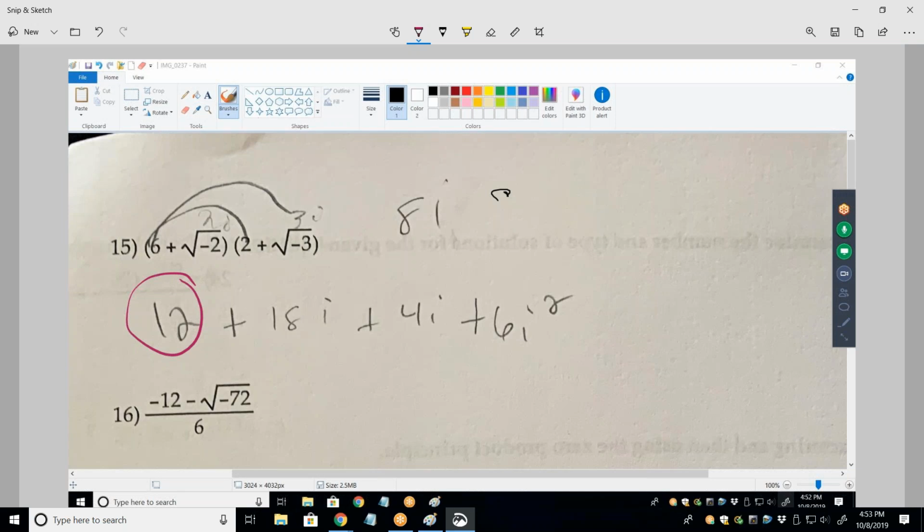I don't think we FOILed it quite right. Here, let's FOIL this again. The 12 is correct. Okay. The second term, well, that's root 3i times 6. Root 3i. Yeah.